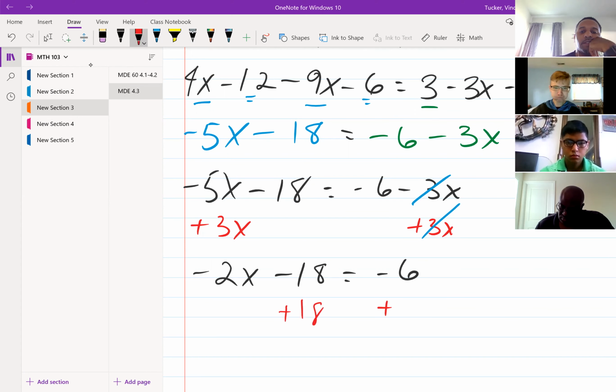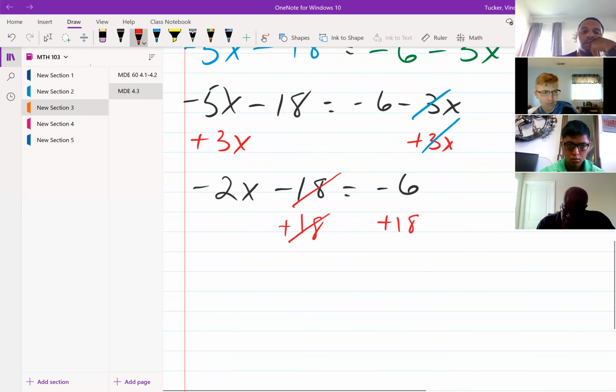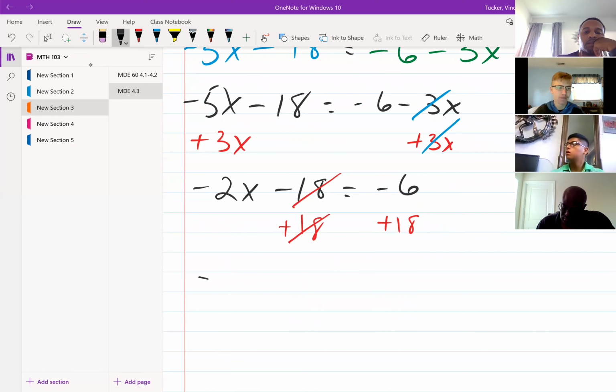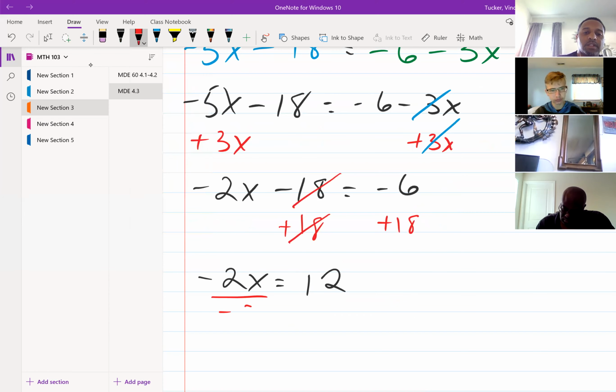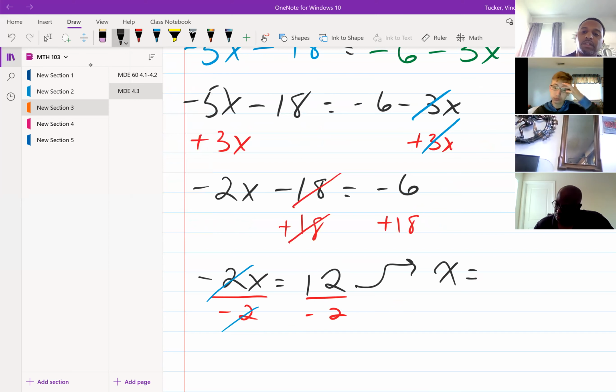Add 18. And it's going to be 12. So we have -2x equal to 12, and then finish it off dividing by -2. x is equal to -6.